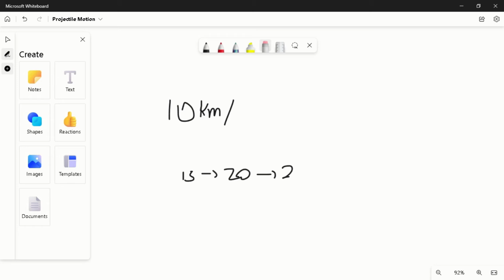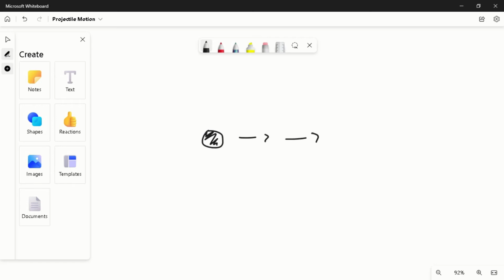And last thing we're going to review is Newton's first law of motion, which just states that an object at rest or in motion will remain at rest or in motion so long as an external force does not act on it. So let's say you have some object and it's moving this way. As long as there are no other forces coming at it, it'll keep moving in that direction indefinitely.